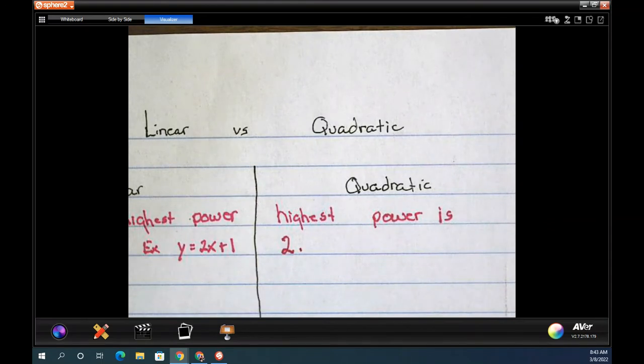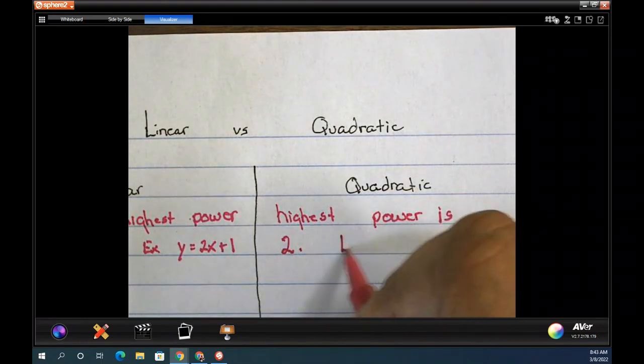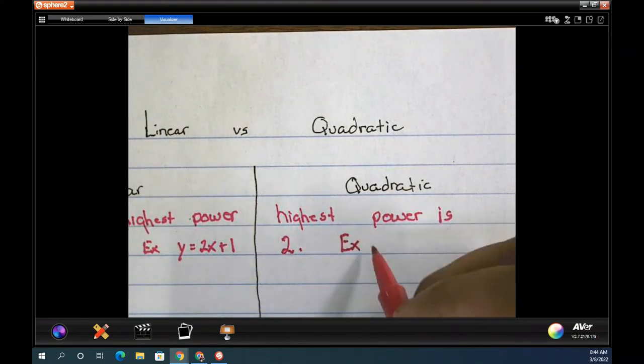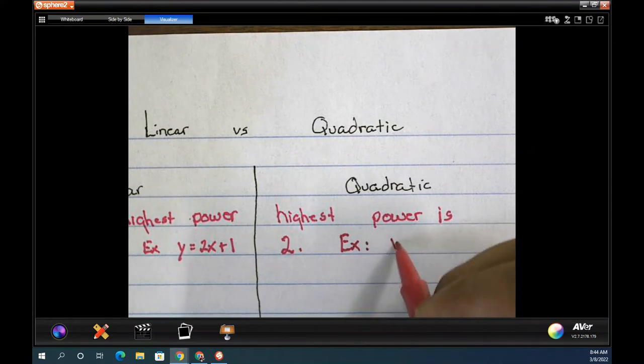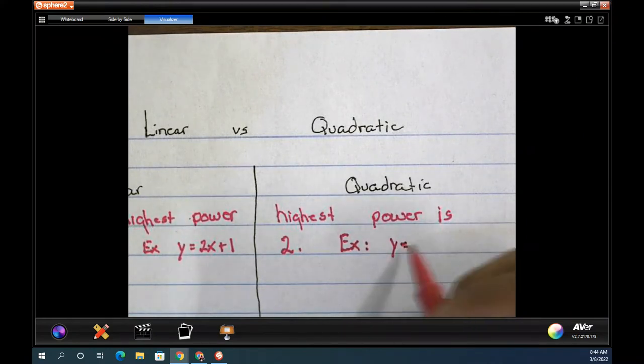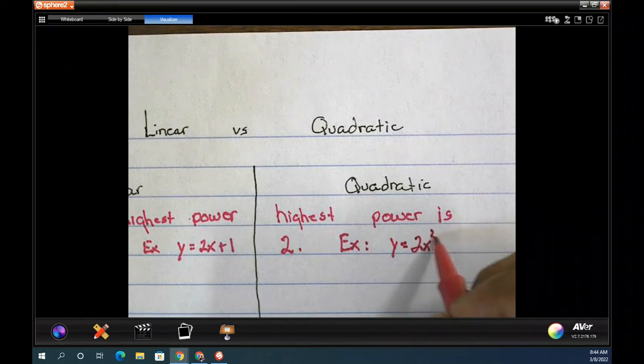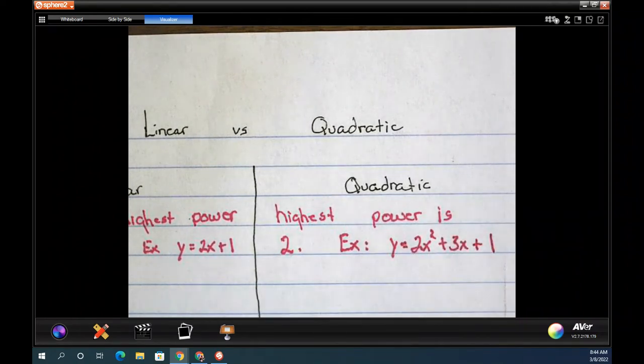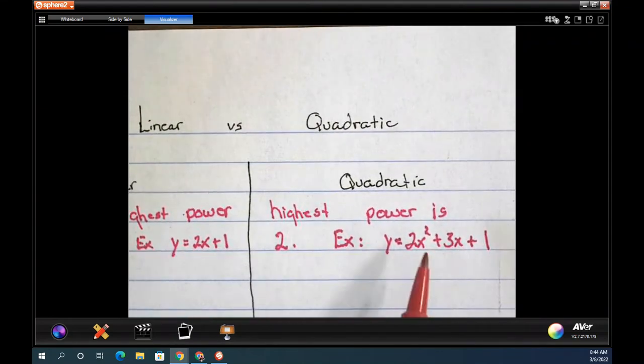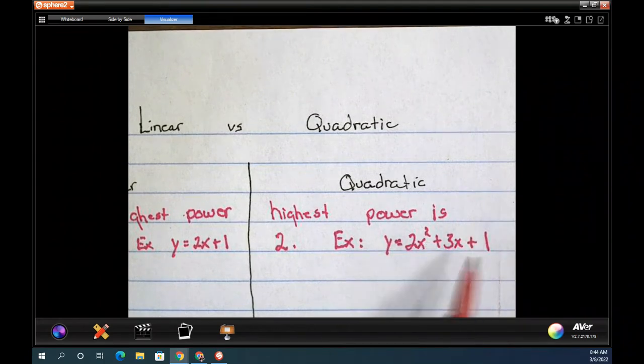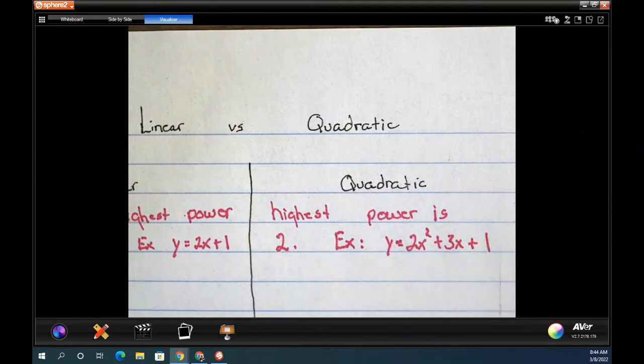So if the highest power is 2, here's an example. y equals 2x squared plus 3x plus 1. Now, the highest power is 2, so this is quadratic. It does have a linear term, but the highest power is 2.